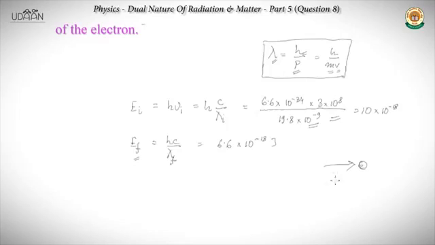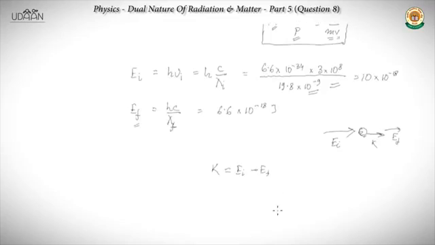The electron would start moving with kinetic energy K, and the photon goes with a final energy, so we take K equal to E_I minus E_F, which is the basic concept for an elastic collision.